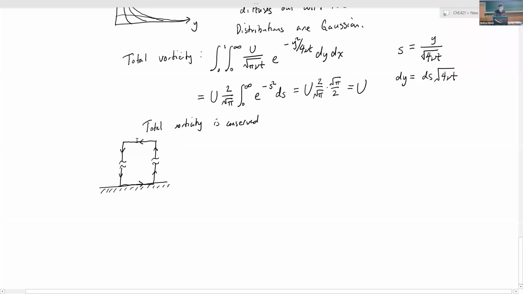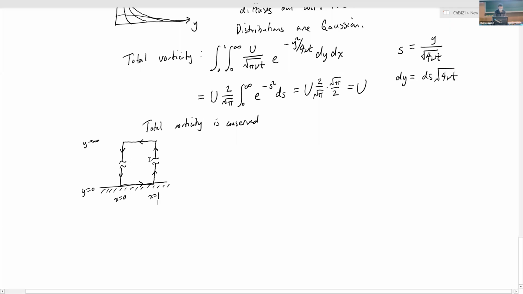And I'll say that right here is where y equals 0. Again, up here is where y goes to infinity. I'll let the boundary here go from x equals 0 to x equals 1.